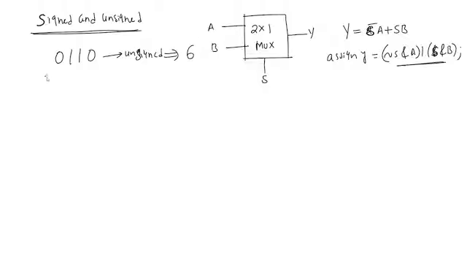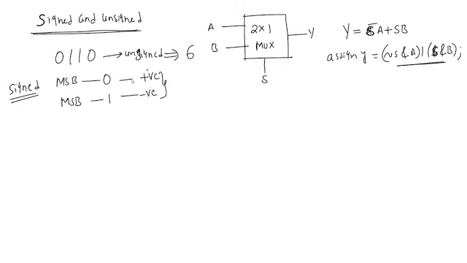Signed numbers, in digital you already studied, which bit will decide the sign of a number? Can anyone say? MSB. The MSB decides: MSB 0 means the given number is positive, and MSB 1 means the given number is negative.